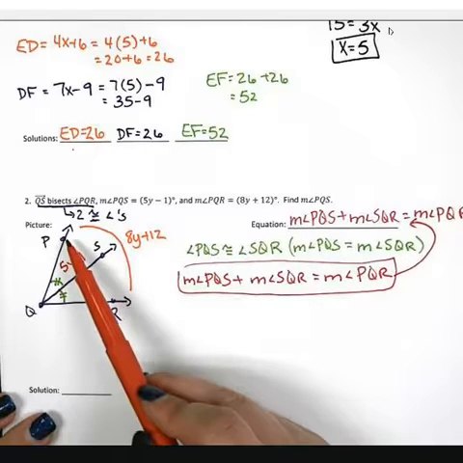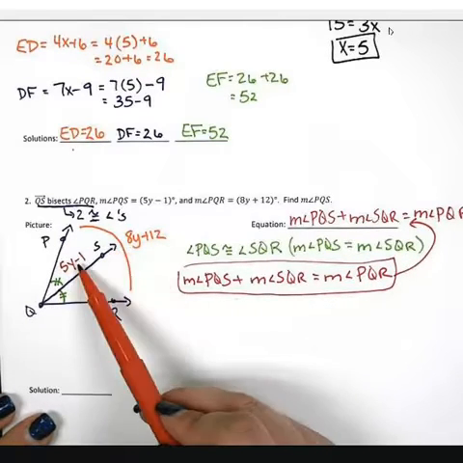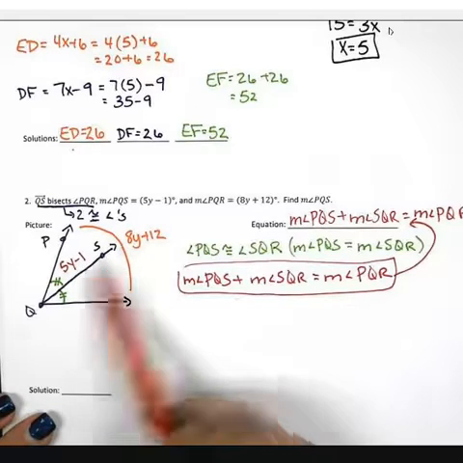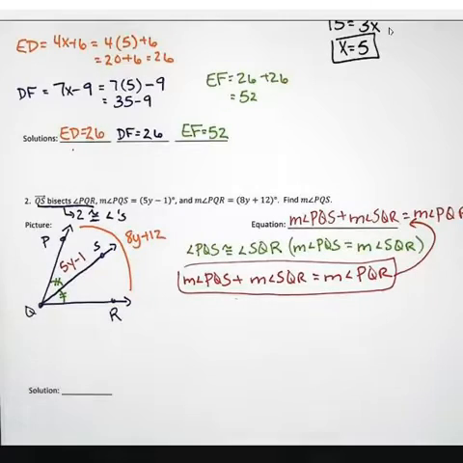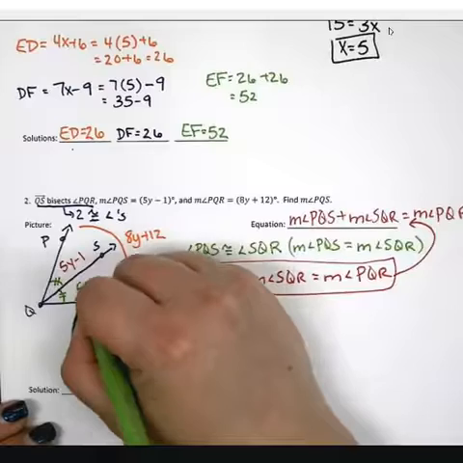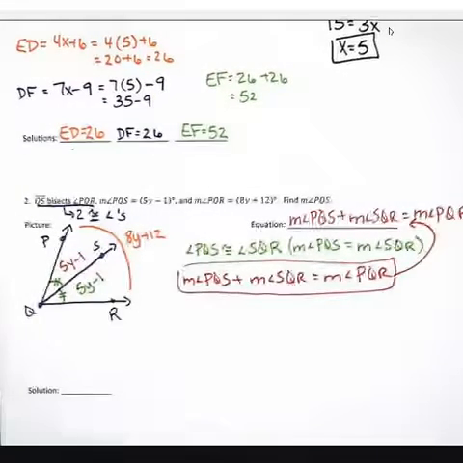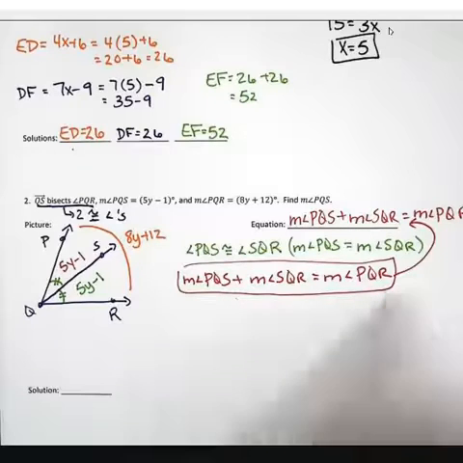So if angle PQS is equal to 5y minus 1, that means that the measure of angle SQR also has to be 5y minus 1. They have to be equal to each other. Now I can actually use this equation and plug in what I know to solve for y.